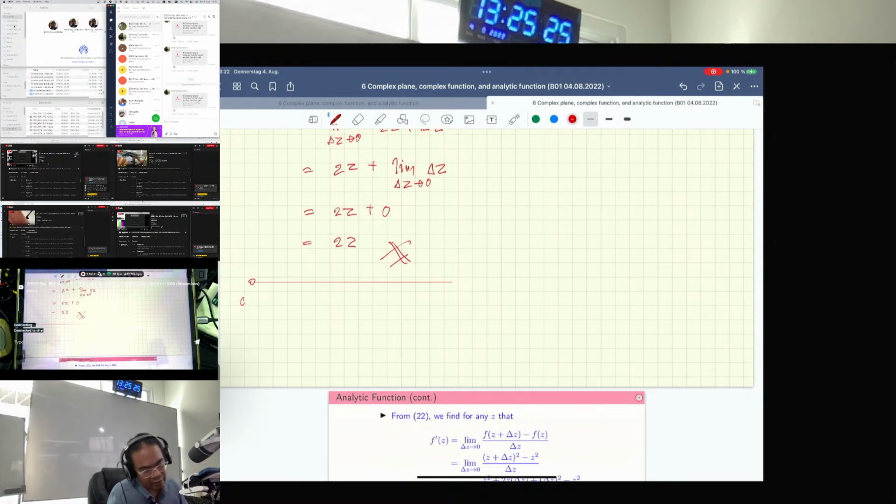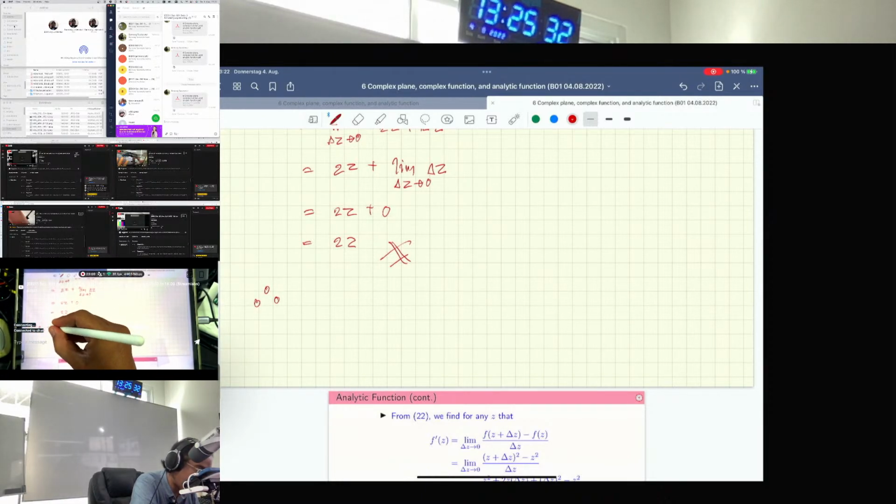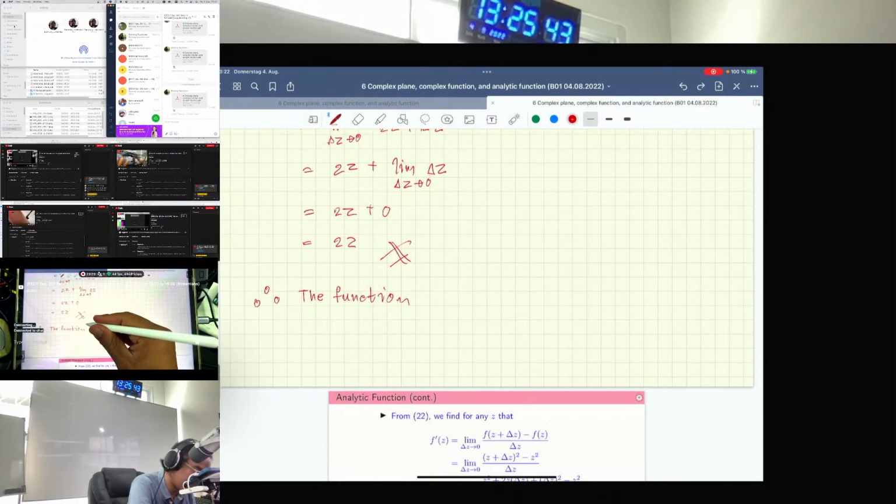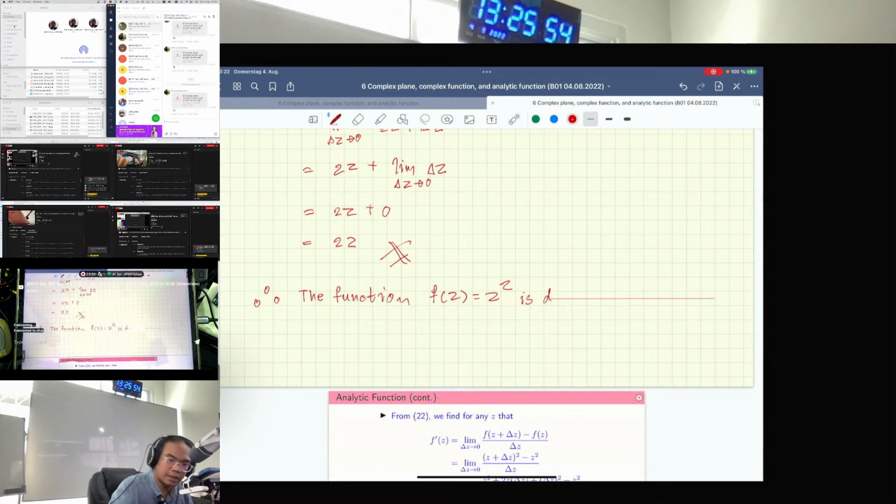So we can see that therefore, the function f(z) equal to z square is differentiable for all z.